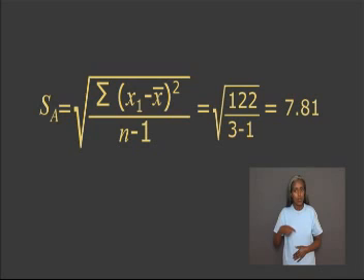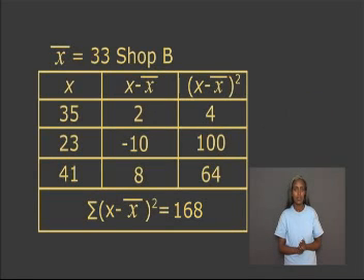We have already completed the table for shop A together. Using these values, we find that the standard deviation for shop A is 7.81. Your table for shop B should appear like this.